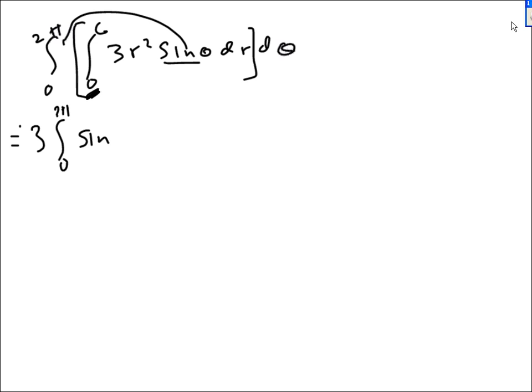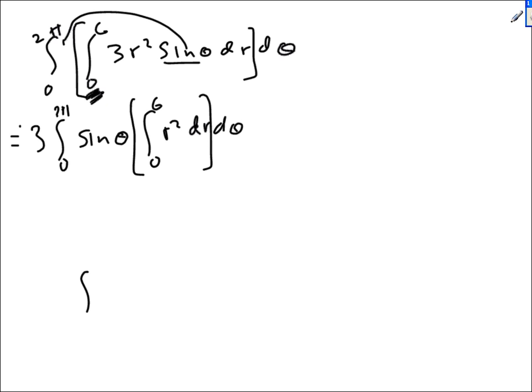I'm calling this the first integral, okay? r squared dr d theta, 0 to 6. So basically, I want to know what that is. I can do that on the side maybe.